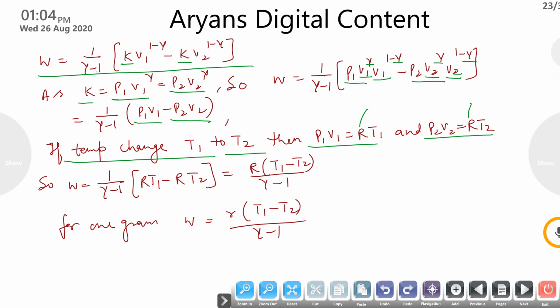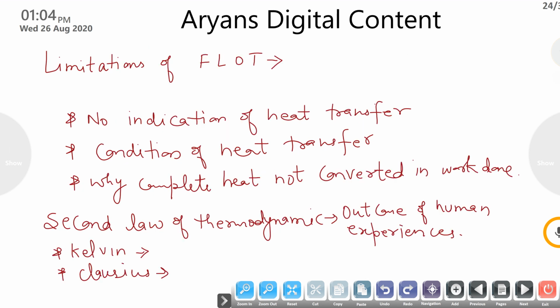Now I simply replace P1 V1 by R T1 and P2 V2 by R T2. So it will become R T1 minus R T2, and if I take R common, it will become R(T1 minus T2) divided by (gamma minus 1). And for 1 gram of gas, it will be small r, where small r is the gas constant for 1 gram of the gas.